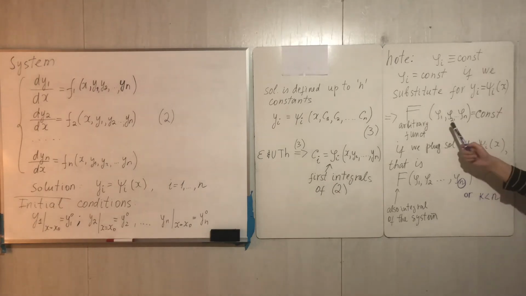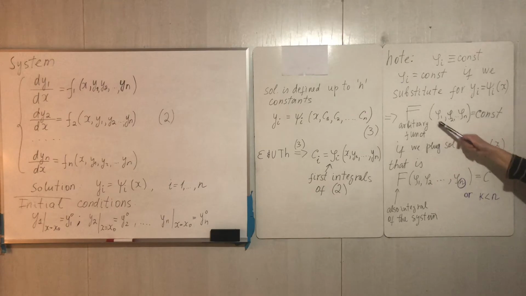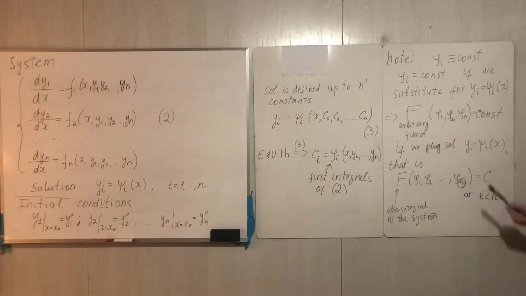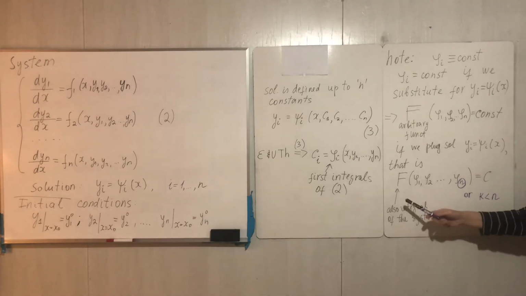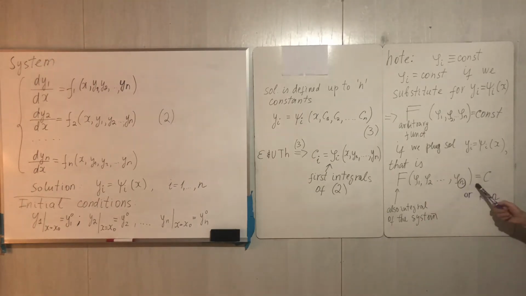And if we plug for each of them solutions that give a constant, then if we consider an arbitrary function of these phis, then we also will get a constant. So we can write that an arbitrary function of all phis is a constant.